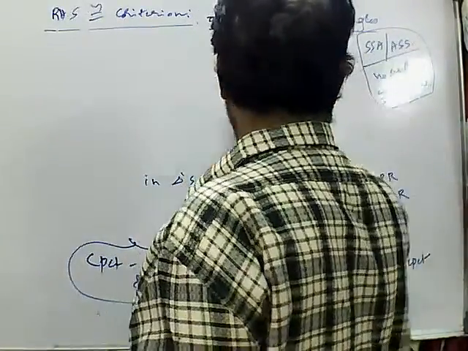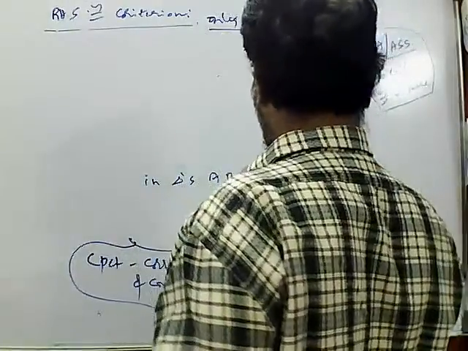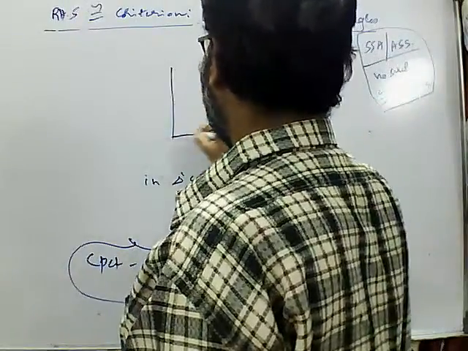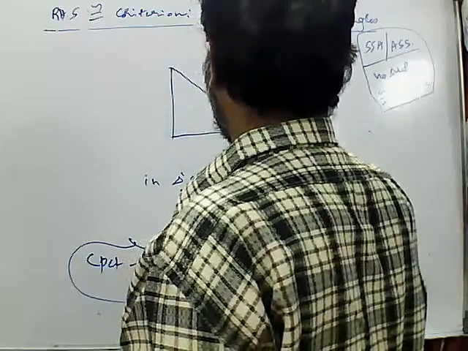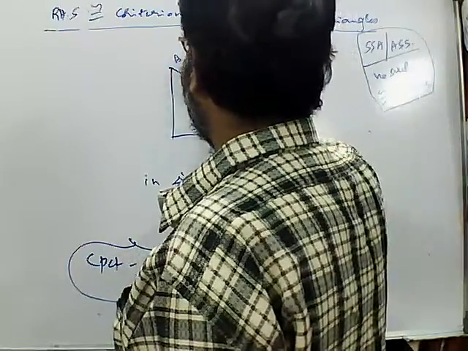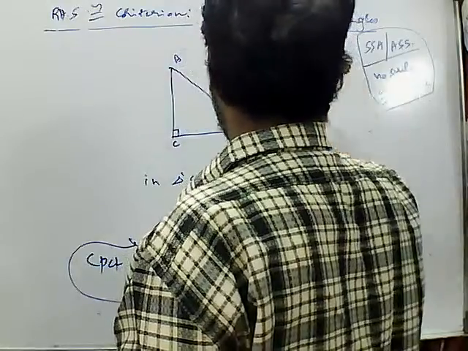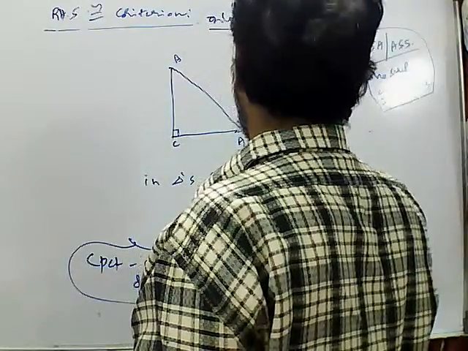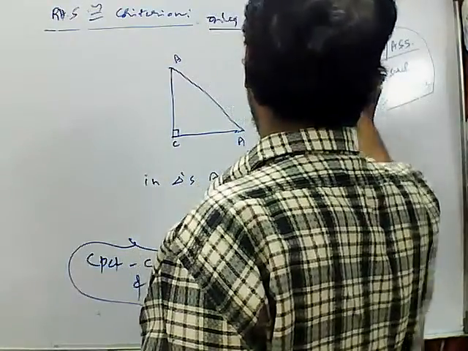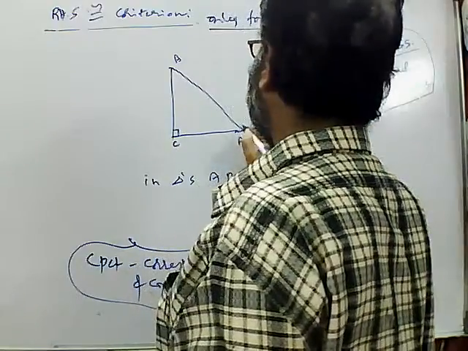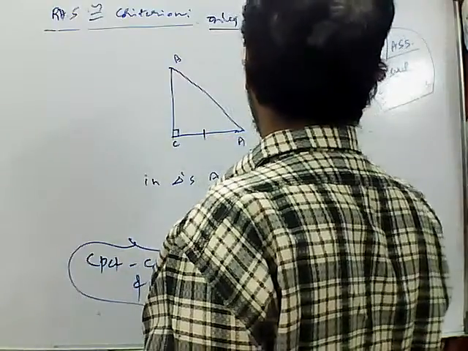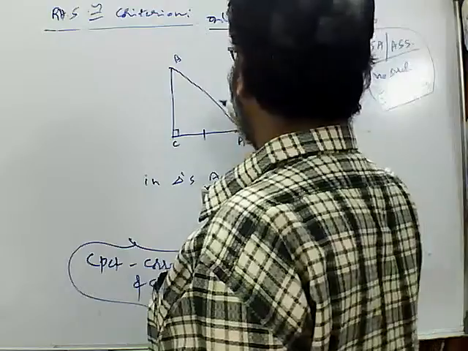This figure will change. So A, B, C, I take like this, and P, Q, R. Hypotenuse.